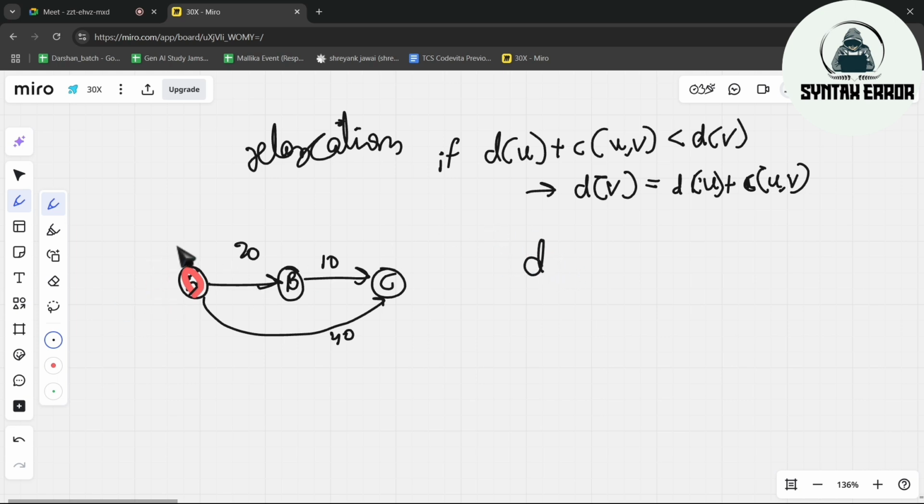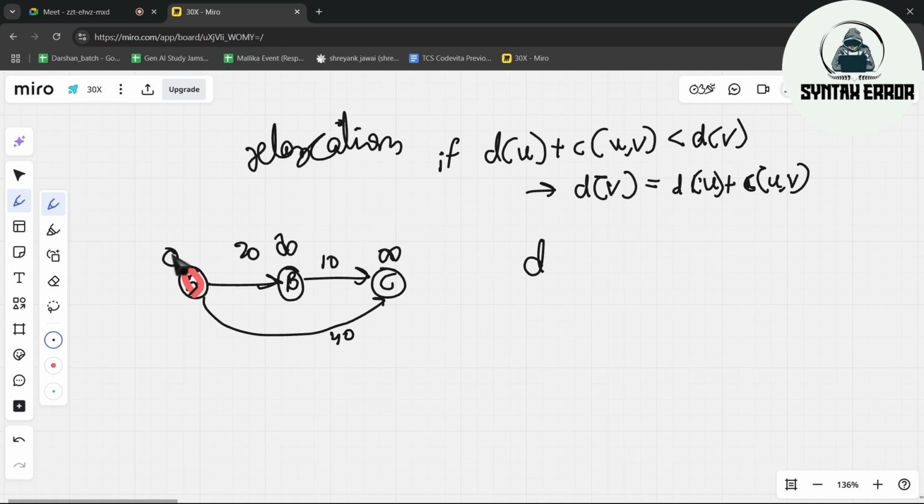The distance would be 0, right? Source and destination are the same. Similarly, when it comes to B and C, we don't know yet what the shortest path is, so we will write it as infinite.